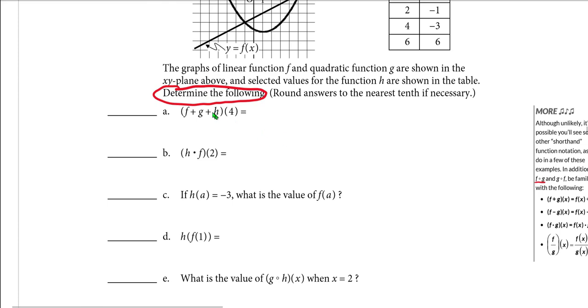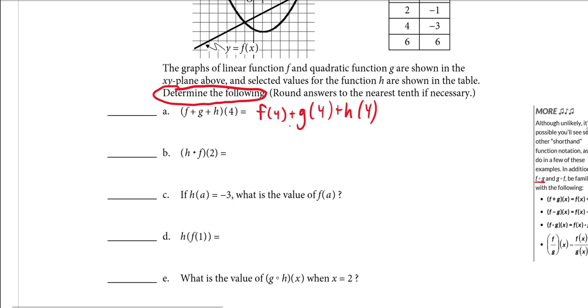So when we see something like f plus g plus h of 4, all that means is f of 4 plus g of 4 plus h of 4. In other words, we're just adding the values of each of these functions when x equals 4. So we're adding the y value of the f function when x equals 4, then the y value of the g function when x equals 4, and so on.